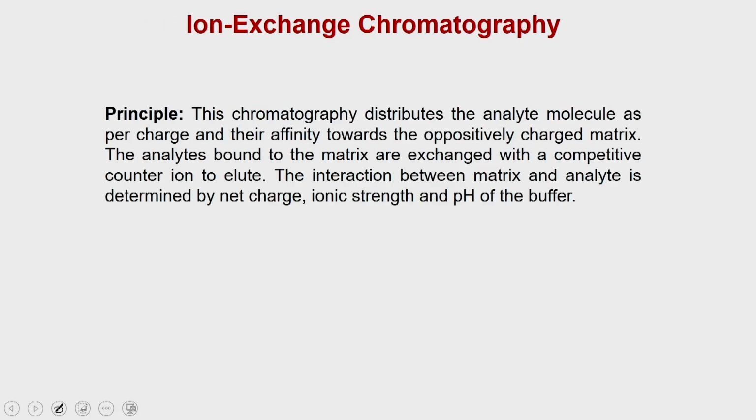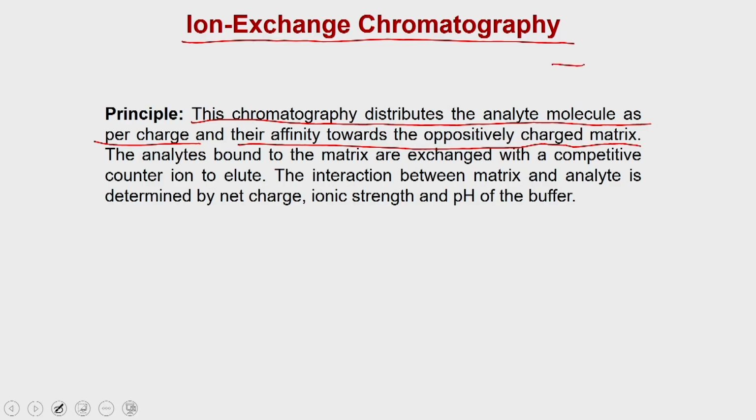Ion exchange chromatography, as the name suggests, works with the positive or negative charges present on the protein. The basic principle is that this chromatography distributes the analyte molecules as per their charge and their affinity towards the oppositely charged matrix, which means if the protein is positively charged, it may have an affinity for a negatively charged matrix, and vice versa.